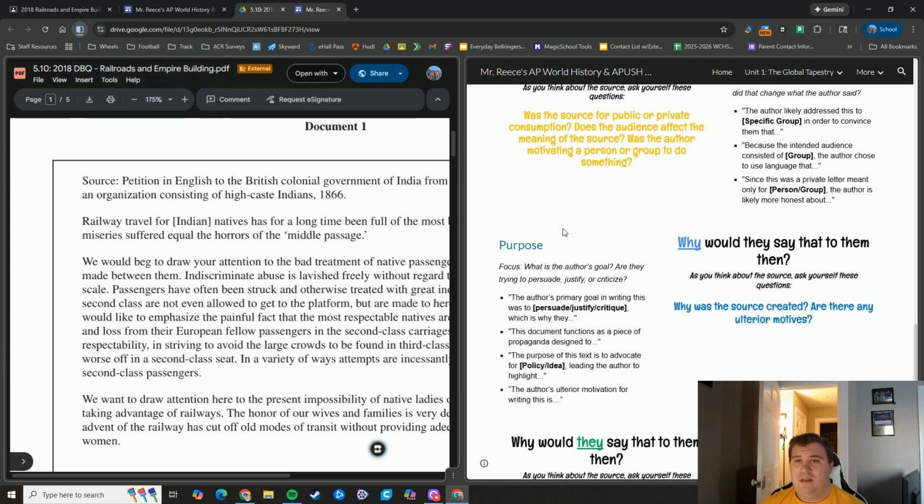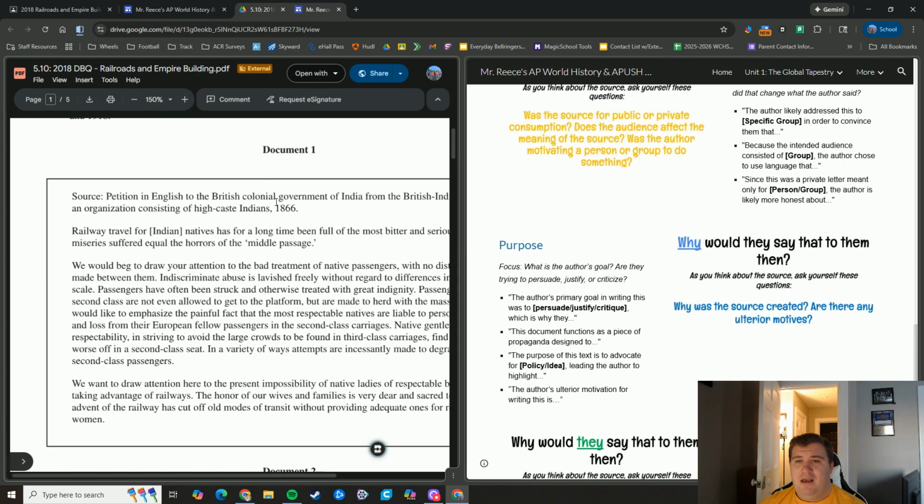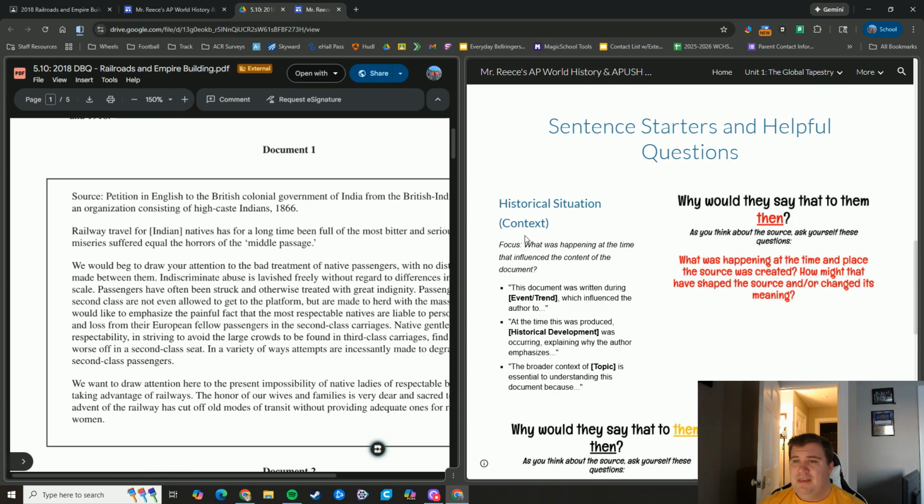So for this, one thing that I would say is if we go up to historical situation, it lends itself pretty well. In 1866, if you remember our conversation about the Sepoy Rebellion, that was in 1857. So just 9 years before this, there was the Sepoy Rebellion, which was a sign of resistance to the British being culturally insensitive to these Indian population people.